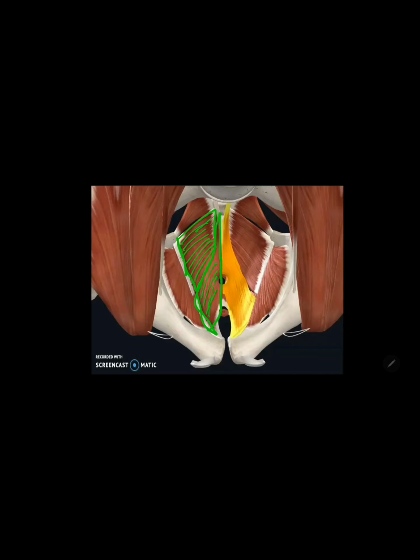These fibers maintain the position of all the urogenital organs, rectum and anal canal. Posteriorly, this much is ischiococcygeus, or simply coccygeus. Together this entire sheet is called the pelvic diaphragm. Both sides form the pelvic diaphragm and guard the urogenital hiatus.